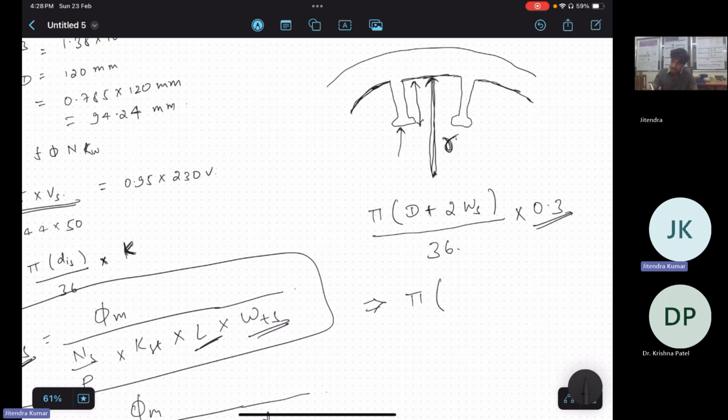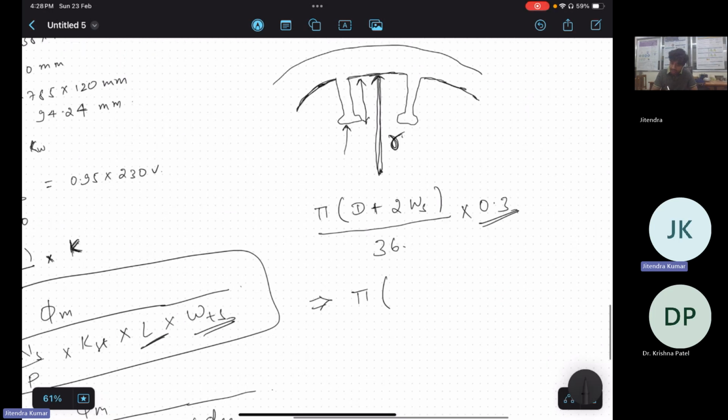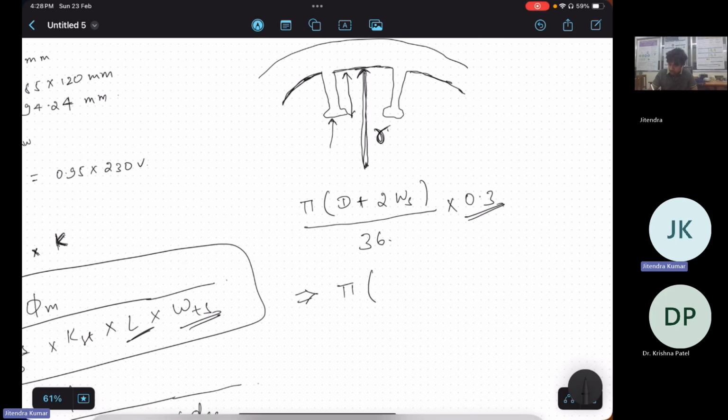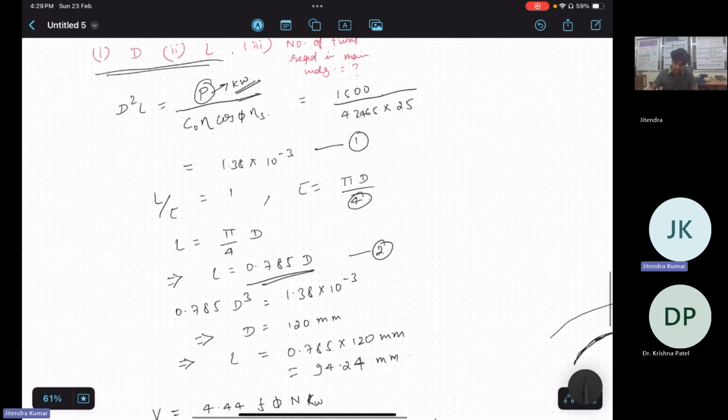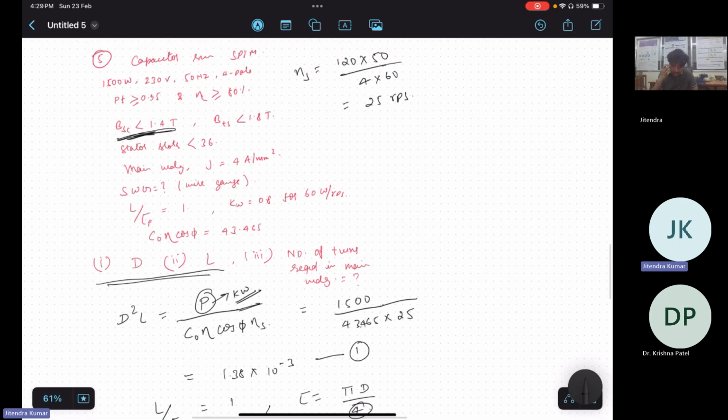Now, D we have calculated as 120 mm, so we can write 0.12, plus 2 times the slot depth. The slot depth is mentioned in the question.